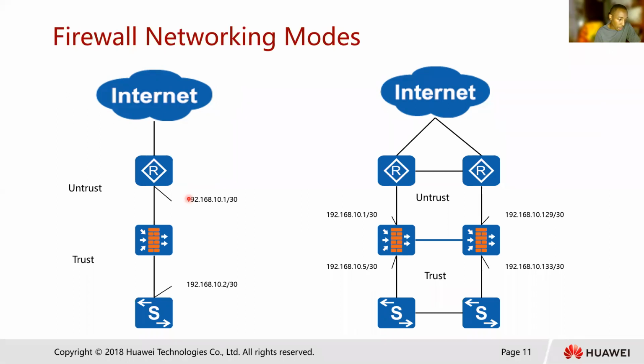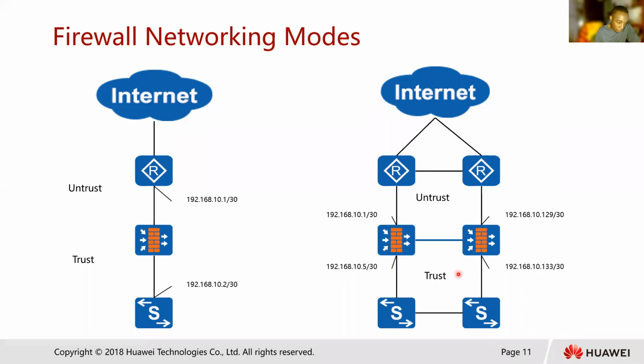So when you're looking at it, you realize that here the firewall does not require IP addresses in this mode. But in this case, where the IP addresses are being shown, the interfaces require IP addresses. So this is the second mode, and this one is the first. Don't confuse them.